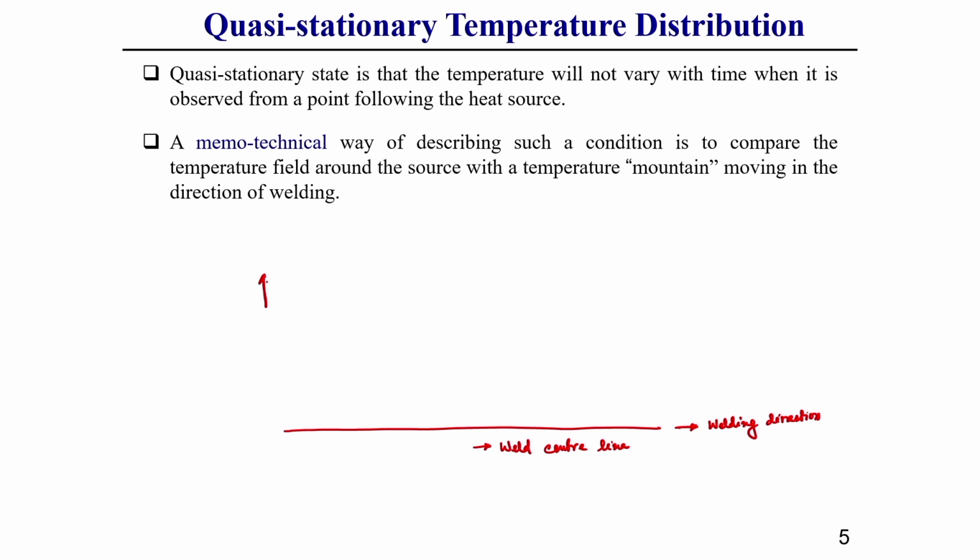And let us consider this vertical axis represents your temperature. I am showing it a little bit bigger so it will be very clear to you. So, you will observe the temperature profile.